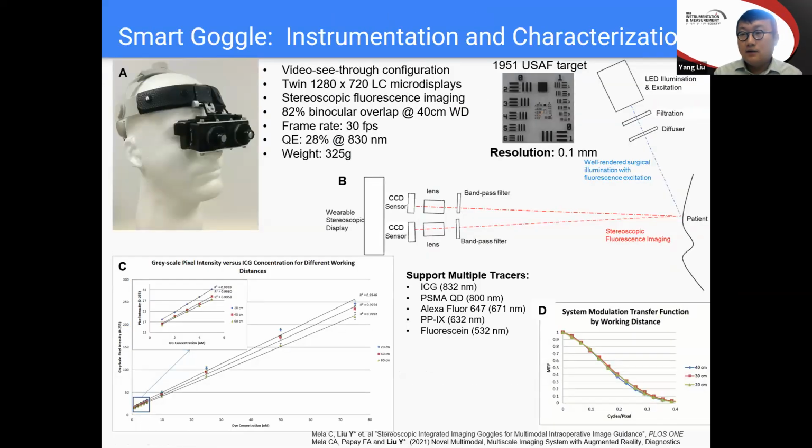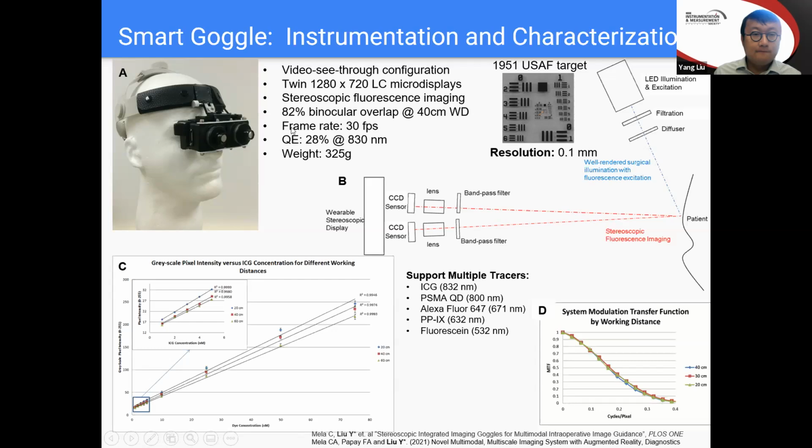So in the past 5 years, we have developed several different generations, several different implementations of the smart goggle. Here I'm showing you one of the prototypes. For this particular one, we're using LCOS microdisplays, and we have 82% binocular overlap.